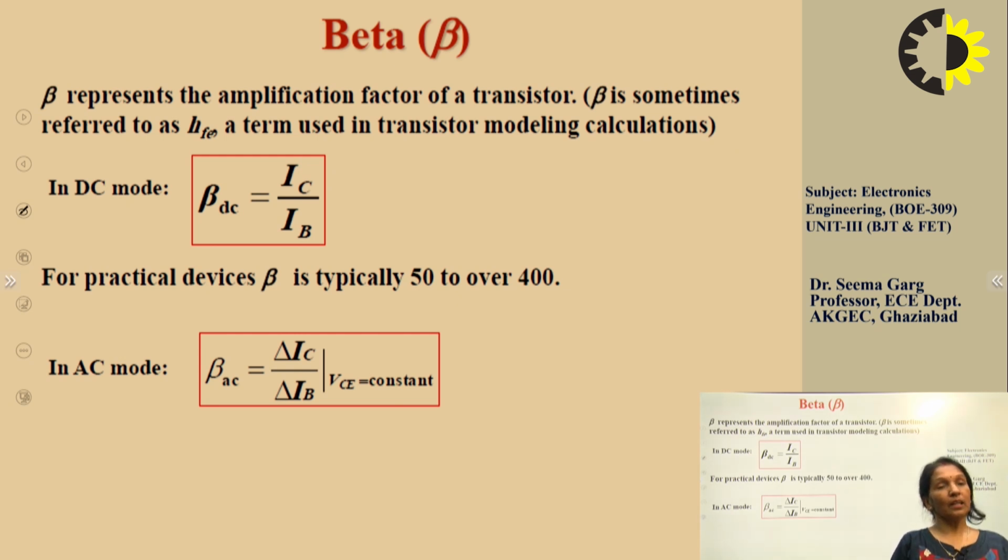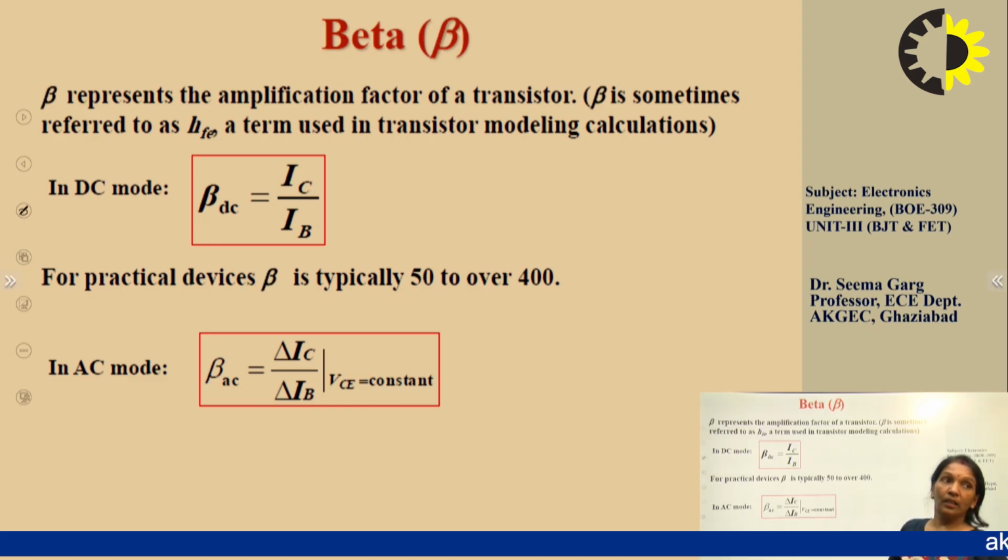The value of beta typically varies from 50 to 400 or 500 range. It is the ratio of the collector current to the base current. In case of AC mode, there will be alternating current, so definitely there will be a change in the collector current with the change in base current, keeping your VCE at some constant value.